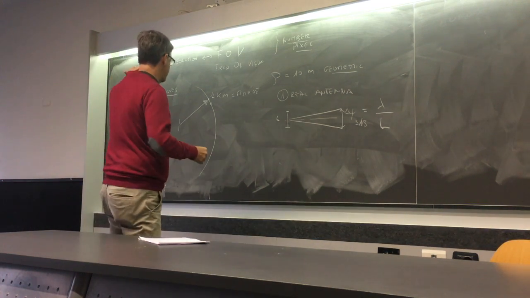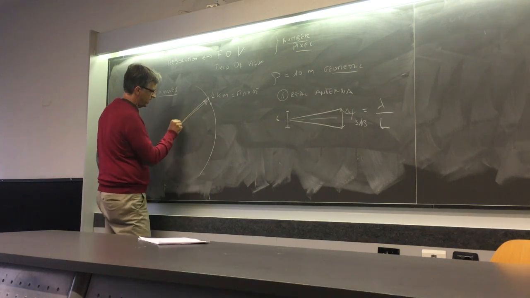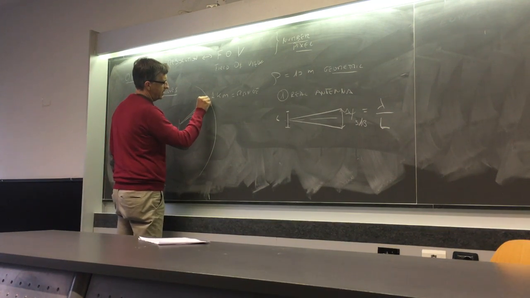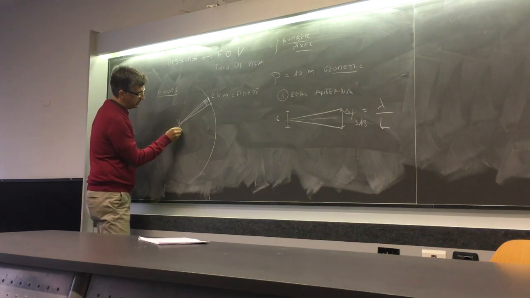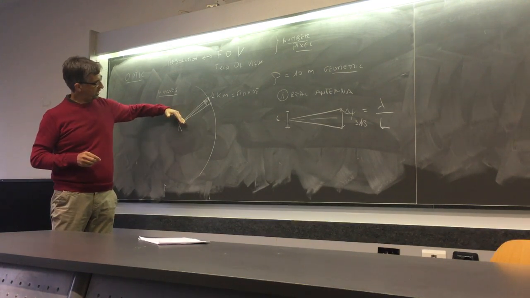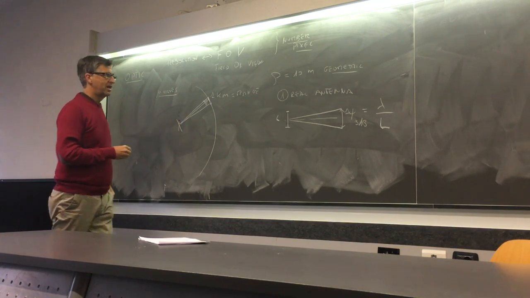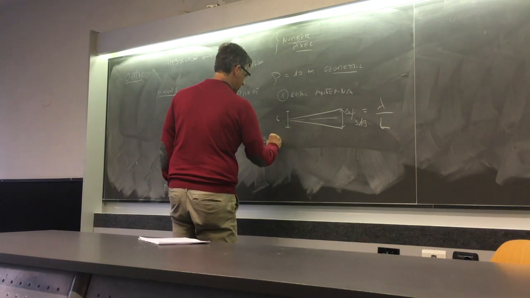This means that if you want a very small resolution here, you need a very small angle, and you need to rotate your antenna. You rotate and look here, then rotate, then rotate again. So you need to operate the system with a sort of scanning.